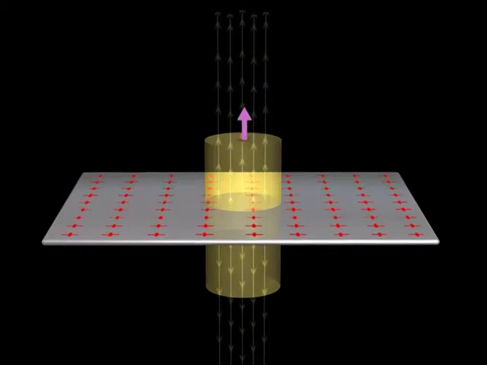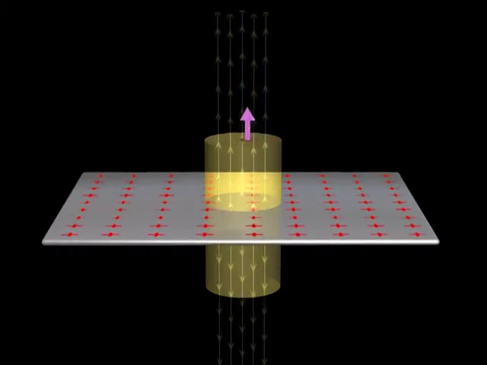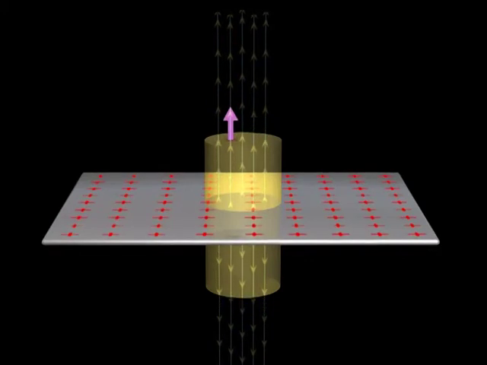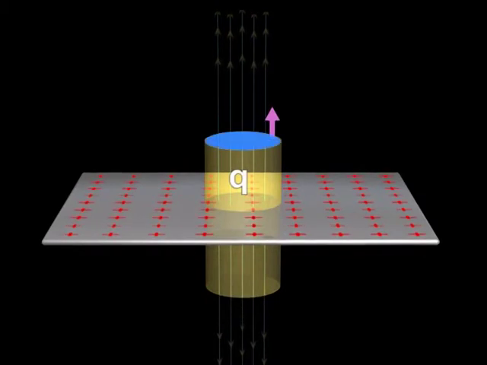Here, electric lines of force are passing parallel to the curved surface of the cylinder. Hence, the electric flux due to the electric field of the plane sheet of charge passes only through the two circular caps of the cylinder. Let Q be the charge enclosed by the Gaussian surface.